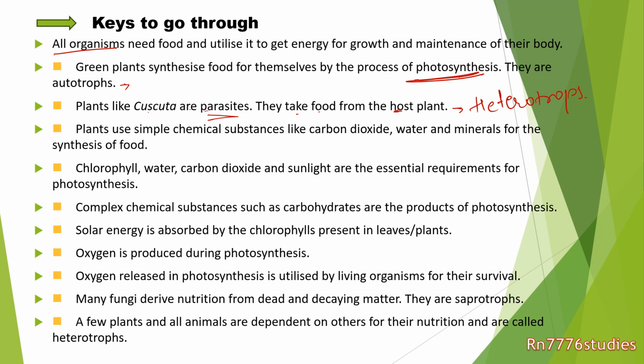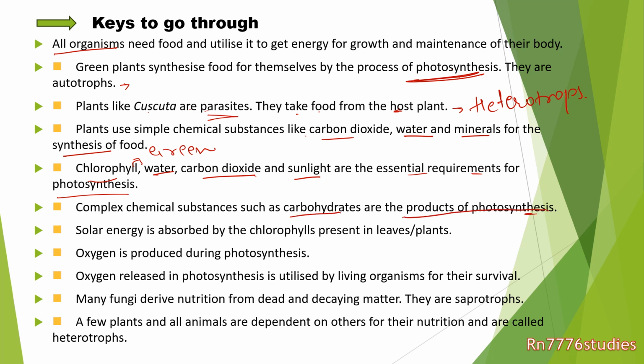Plants use simple chemical substances like carbon dioxide, water, and minerals for the synthesis of food. Chlorophyll, water, carbon dioxide, and sunlight are essential requirements of photosynthesis. Chlorophyll is green in color. Complex chemical substances such as carbohydrates are the products of photosynthesis.